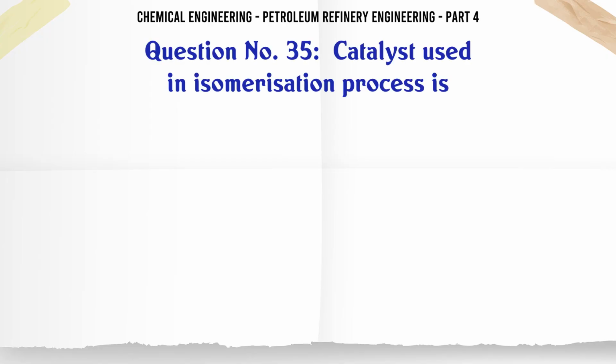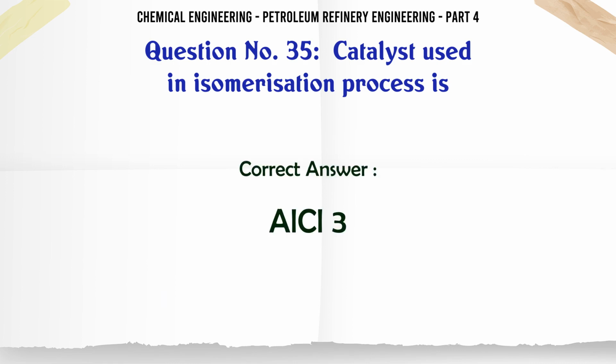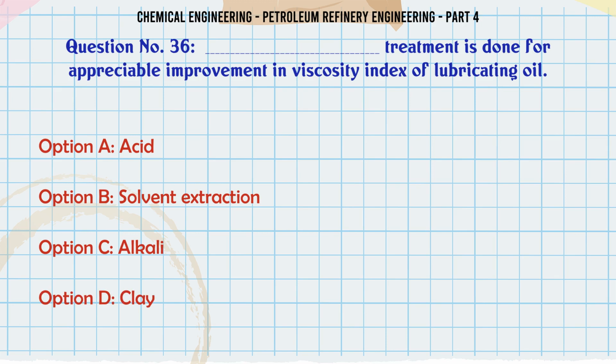Catalyst used in isomerization process is A. H2SO4. B. H3PO4. C. HF. D. AlCl3. The correct answer is AlCl3. Treatment is done for appreciable improvement in viscosity index of lubricating oil. A. Acid. B. Solvent extraction.